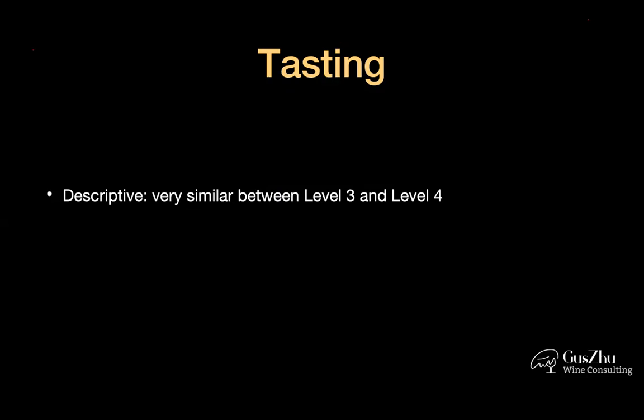And for the flavor characteristics, in Level 3 there are 3 marks, and in Level 4 there are 4 marks. And that's about it. They are very, very similar. So you want to do Level 3 tasting first, and then Level 4. But I believe everybody should do Level 3, right? You must do Level 3 before doing the diploma.